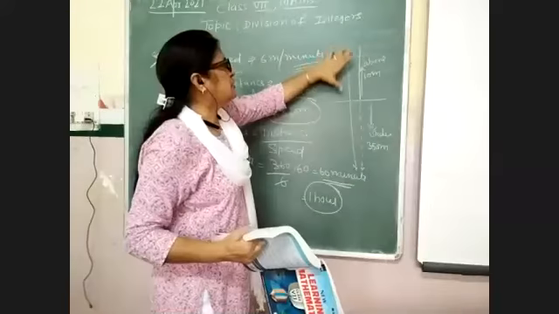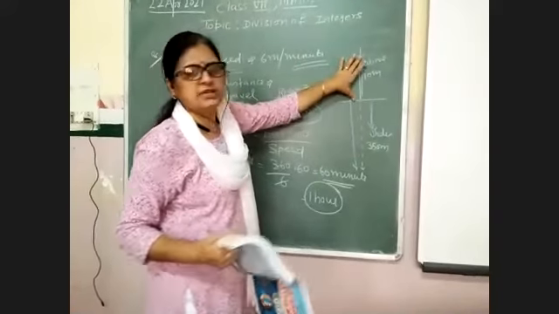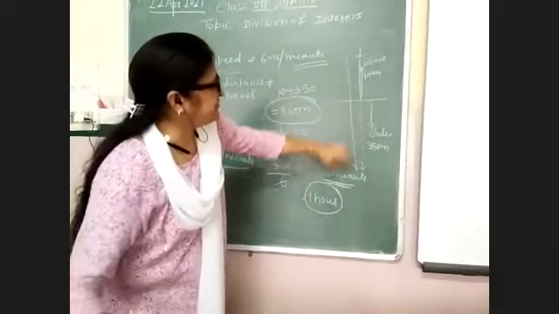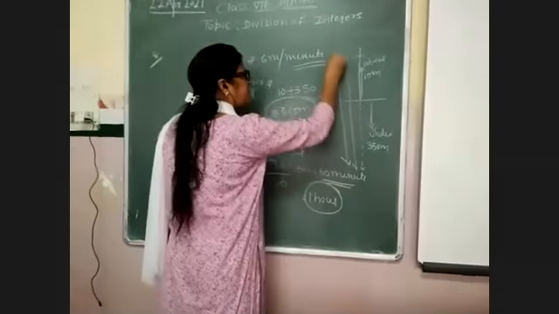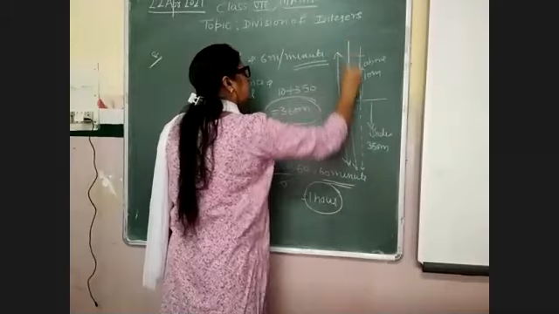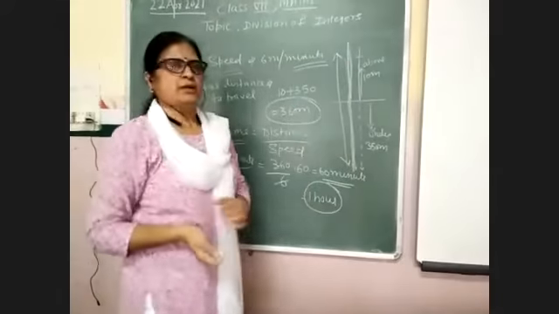So the total distance the elevator has to travel is 10 meters above the ground level and 350 meters down the ground level.